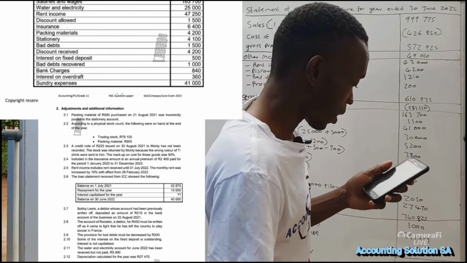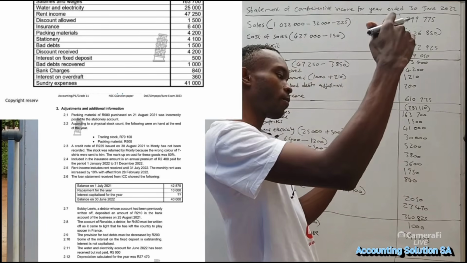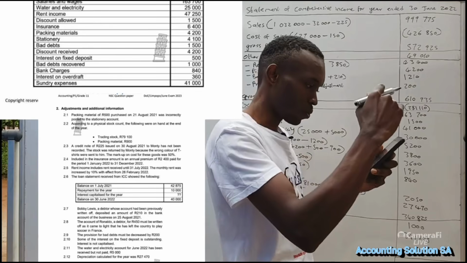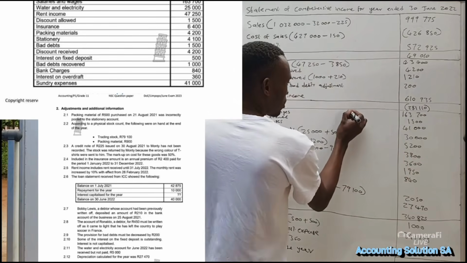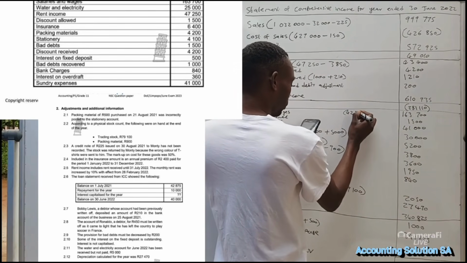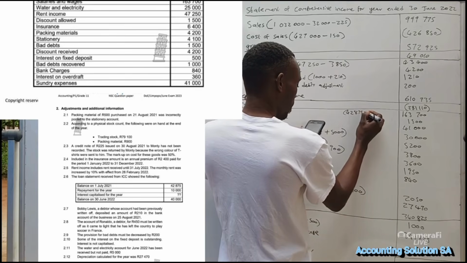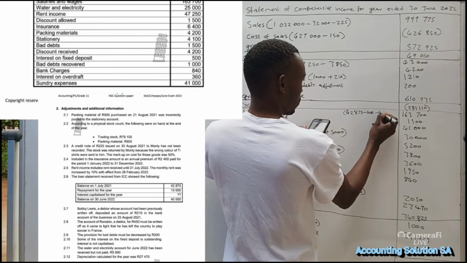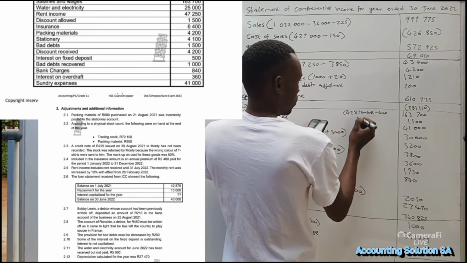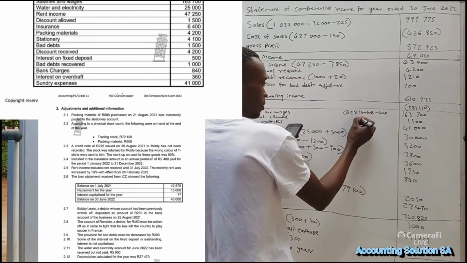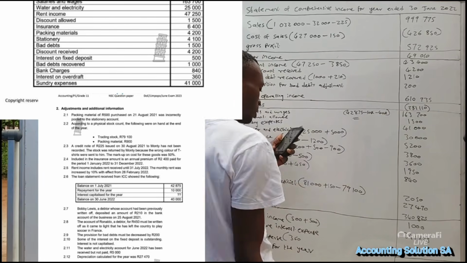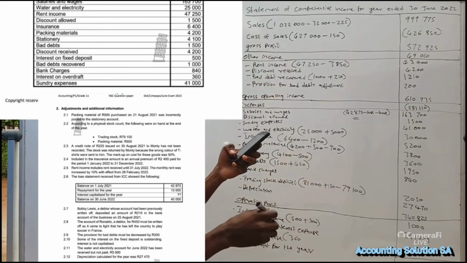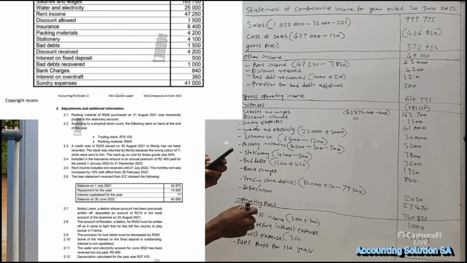This one is very simple, guys. You take opening balance minus repayment minus closing. In other words, you say 42,875 minus 10,000 minus 40,000. Okay, it's 10k, 40k. Then it will give you interest capitalized, which is going to be 7,125.